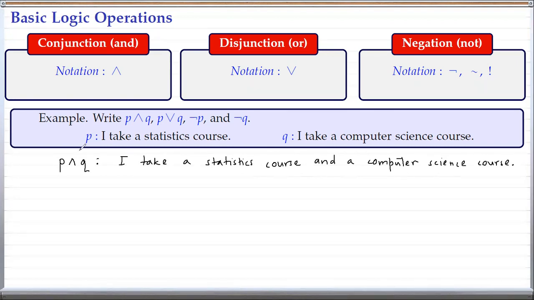So that's the conjunction, connecting P and Q by logic AND.